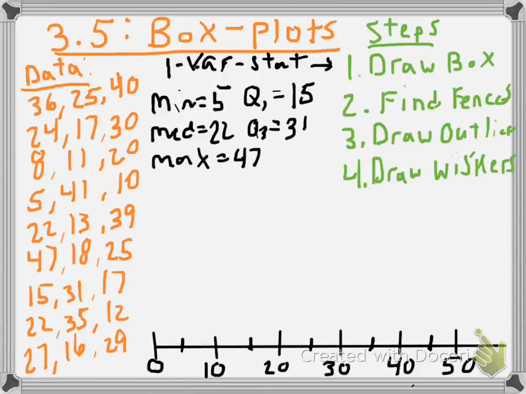So one var stat, the bottom of the list, gave me the 5-number summary. Remember, the 5-number summary is your minimum, Q1, median, Q3, and the max.